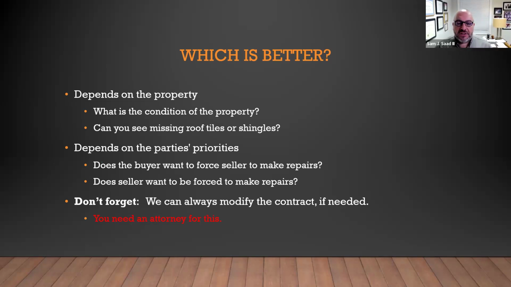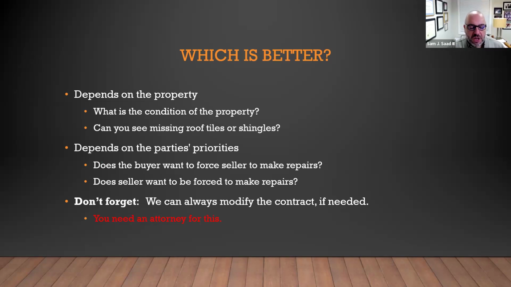Under NABOR, the seller can reject the inspection election and the buyer can walk away. And then as a last point here, you can always modify the contract. You need an attorney to do an amendment or an addendum, depending on where you are in the process, but you can always make modifications.